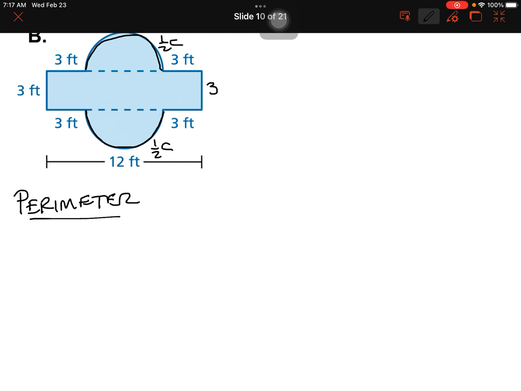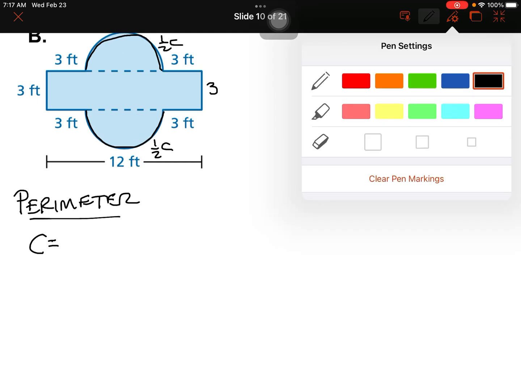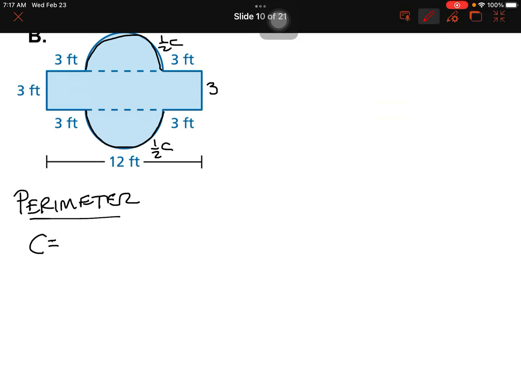Okay, so what we're going to have to do is the circumference of a circle. Now the problem with that is, once again, for circumference, we need either pi times d or pi times r. Well, if we go d first, let's notice, if this distance out here is 12, then this whole distance in here is 12.